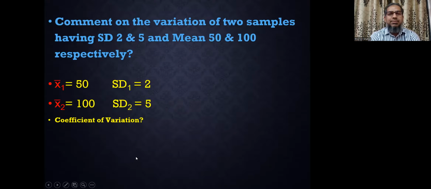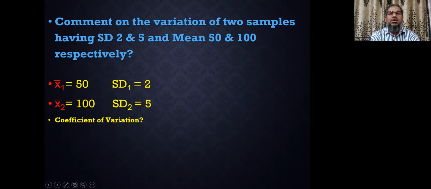Now coming to another example, which is commonly asked in the exam. Comment on the variation of two samples having standard deviation 2 and 5 and mean 50 and 100 respectively. So for sample number 1, mean is 50 and standard deviation is 2, and for sample number 2, mean is 100 and standard deviation is 5. What do we need to calculate?